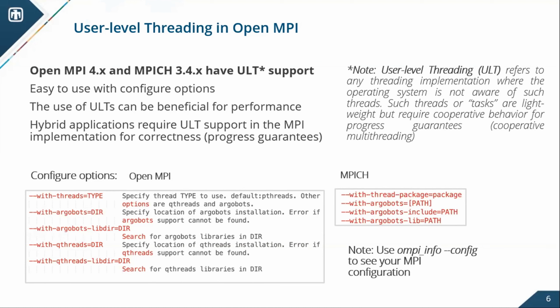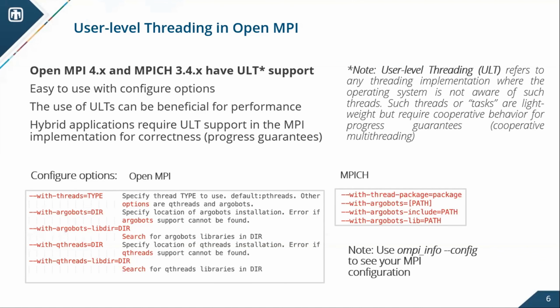Configure it at configure time, make it, install it. And the flags are listed here. If you have an Open MPI or MPICH installation, in this case an Open MPI installation, you can type ompi_info --config, and it shows you the configuration options. There you see what the threading level is. So we include that in the configuration dump that you can obtain through this call.